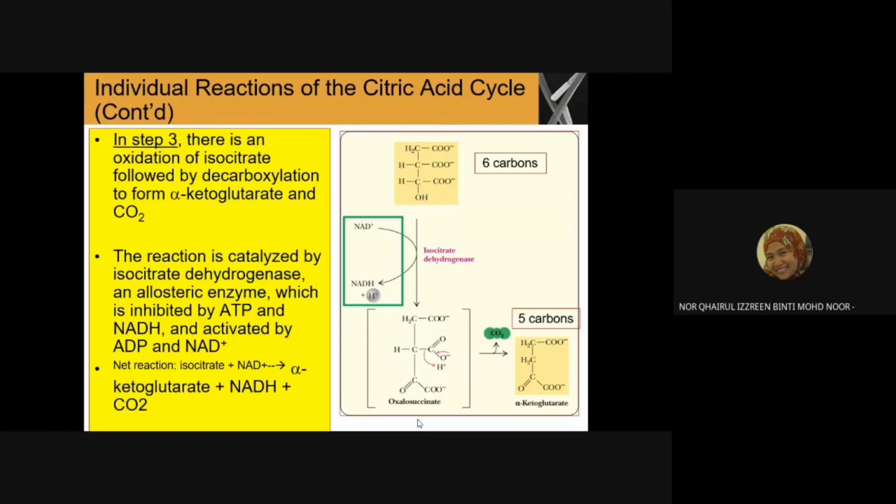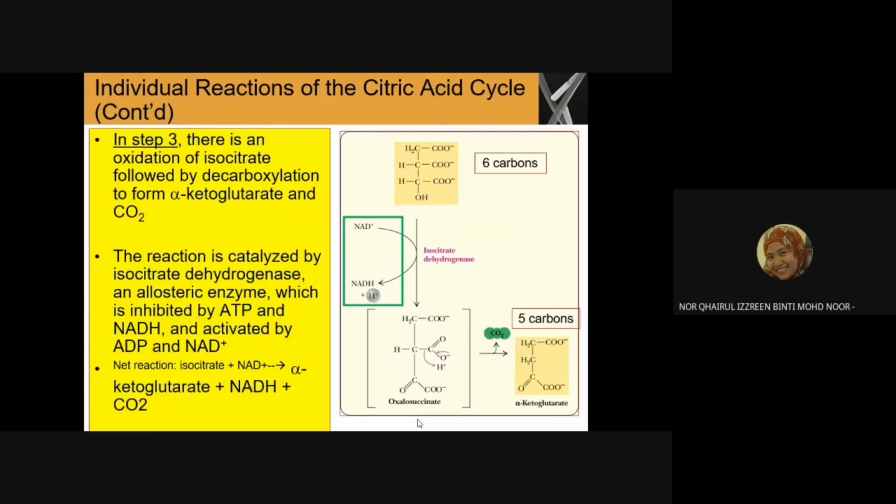Okay, when we talk about the abstraction of a pair of electrons, here two electrons are being removed from the 6-carbon molecule. These 2 electrons are then accepted by NAD+ to produce NADH plus H+.